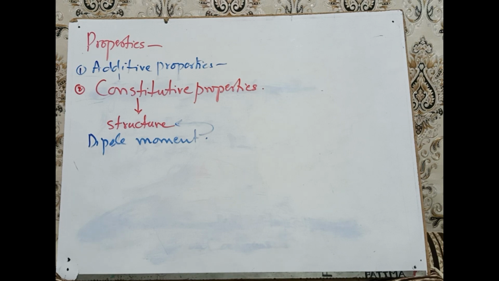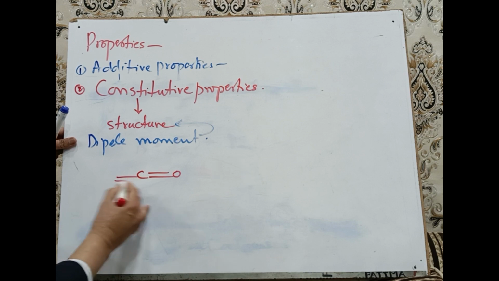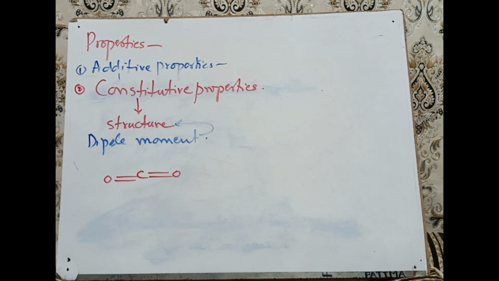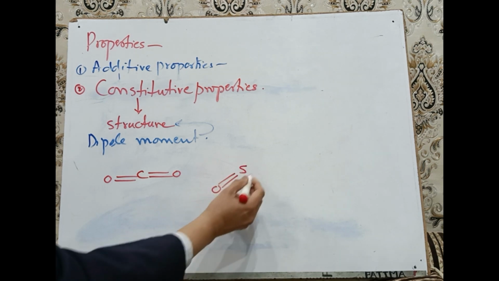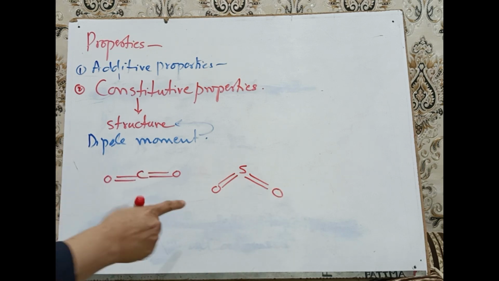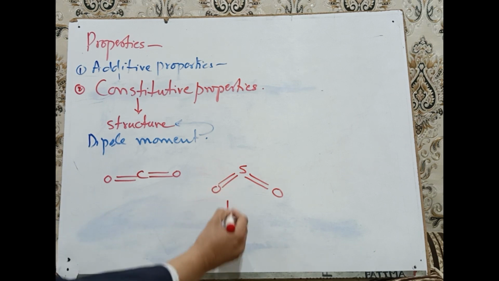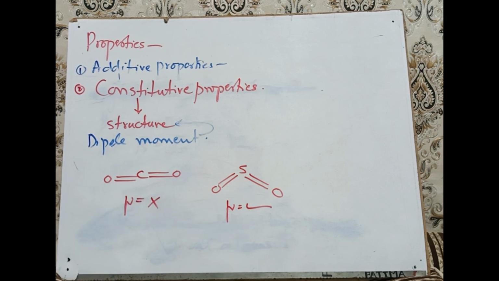For example, the dipole moment of CO2 molecule is 0. It is a triatomic molecule. But the dipole moment of SO2 molecule is 1.43 or something. That is, this has a dipole moment and this has no dipole moment. Its dipole moment is 0. The reason is their structure.